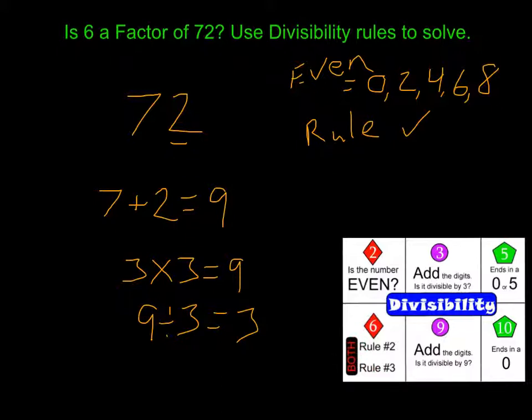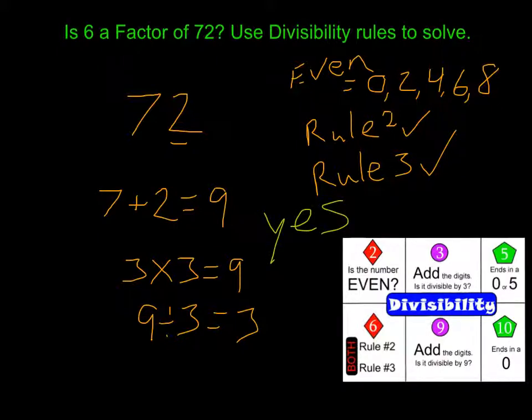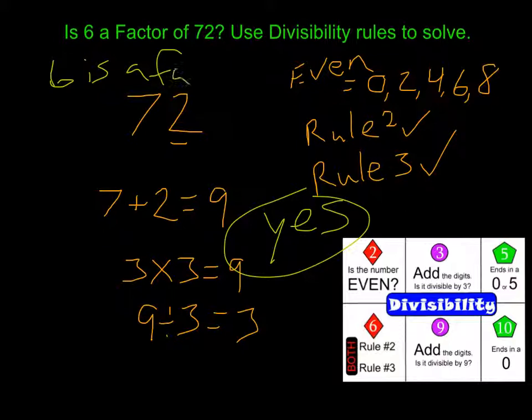Rule 3 gets a check too. So our answer is yes. 6 is a factor of 72, because our rules show us that.